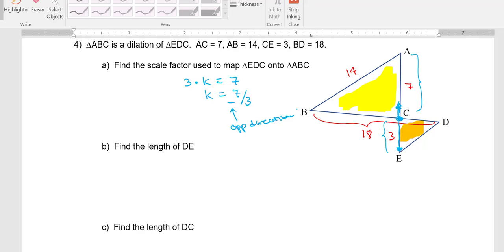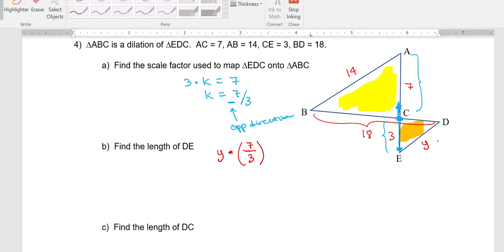Now, on the next part here, we're supposed to find the length of DE, which is this one right here. Let's call it y. Using the same thing we just did, it's going to be whatever the value of y is, which we're looking for, times our scale factor, which is negative, well, let's just use positive 7/3, because we know it's going to be in the opposite direction already. We don't need to use the negative.